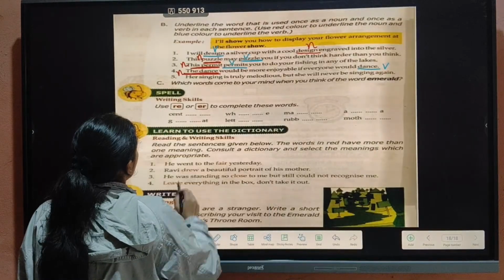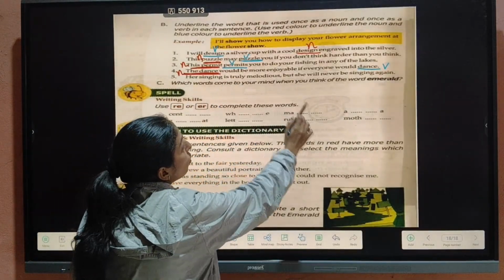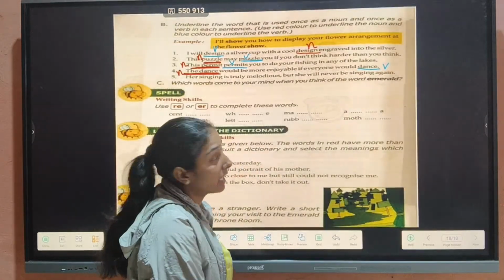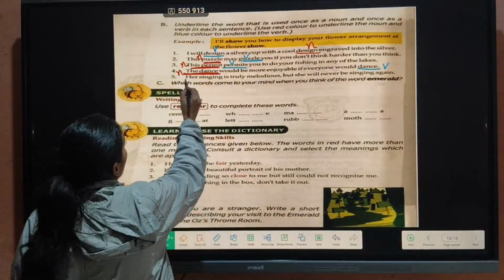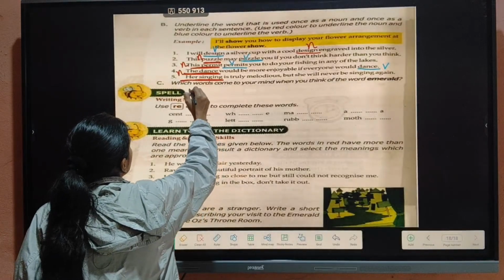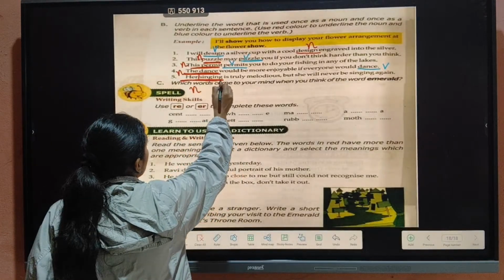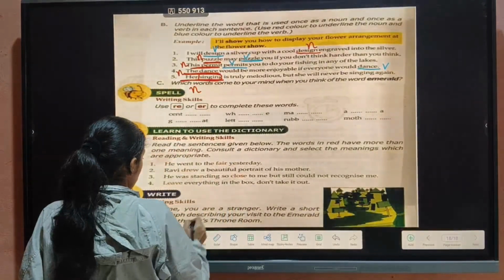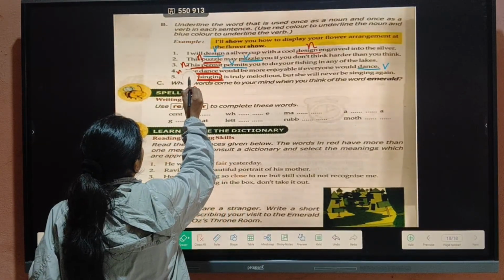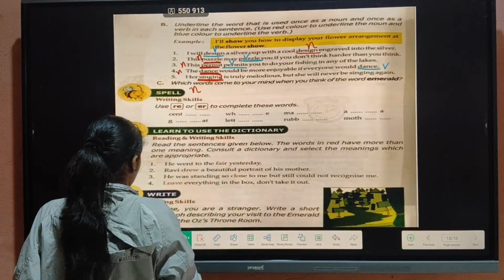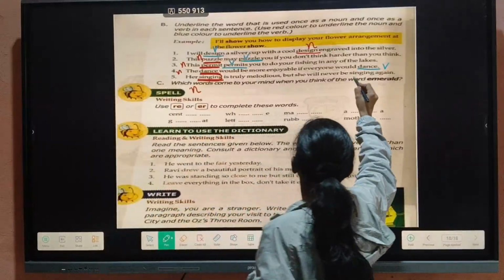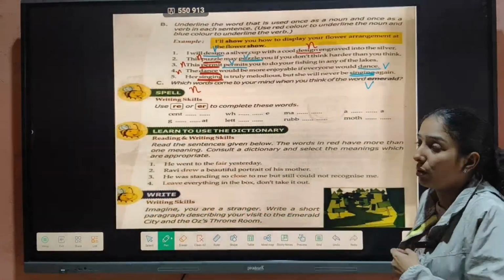Next, her singing is truly melodious, but she will be singing again. Here also, her singing is a noun. Just underline singing and dance here, not this and the. This is a noun, and here singing is a verb.